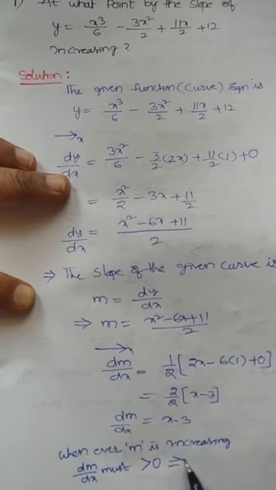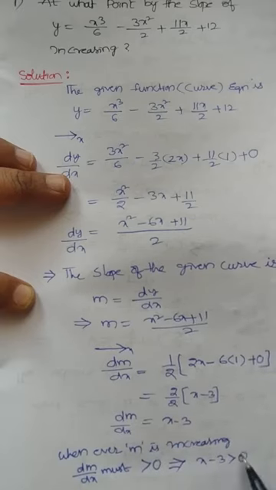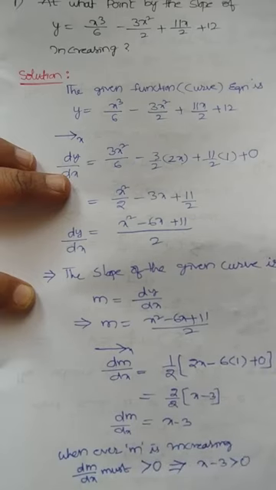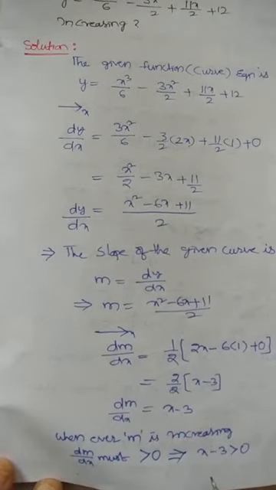That implies x - 3 must be greater than 0 for the given condition. Therefore when this relation is satisfied, x - 3 must be greater than 0. If the x value is lesser than 3, it would be negative, so x must be greater than 3.